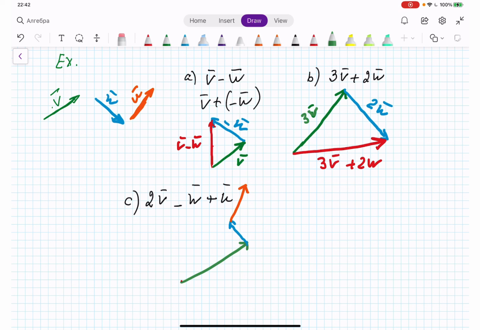This is 2V. This one is negative W, right? Opposite direction.